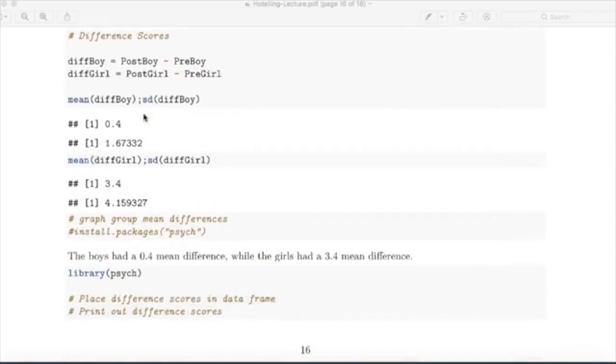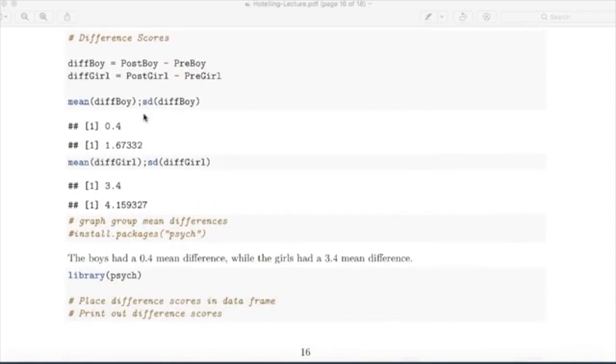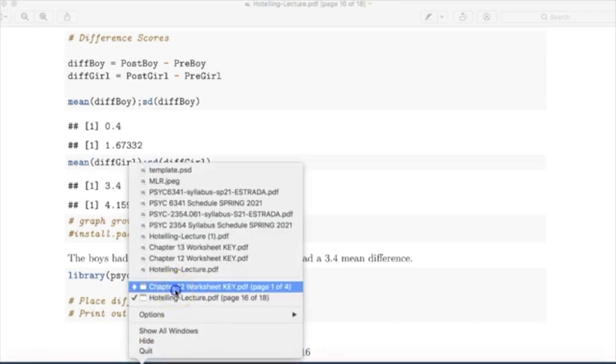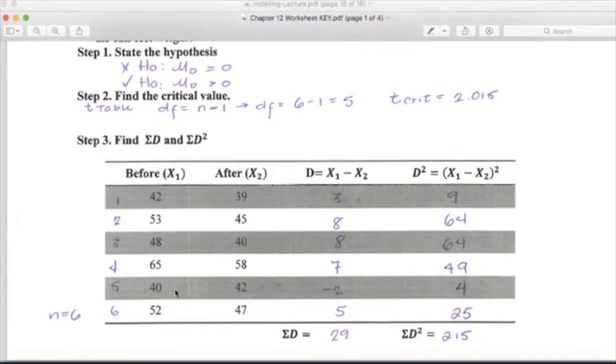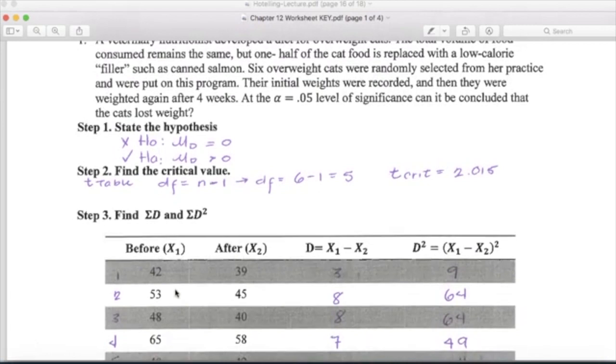Now I want to pause here where it says difference in scores. So what I did was that I subtracted post boy minus pre boy, and I did the same for girls, and I stored that in variables called diff boy and diff girl. I know that this looks really weird, but if you recall from your undergrad stats when you were doing paired tests, this is what the hypothesis would look like: the mu difference, and then you compare it to a null, to a zero.